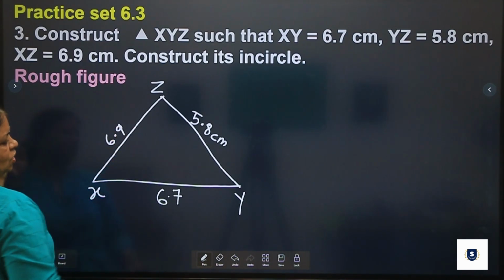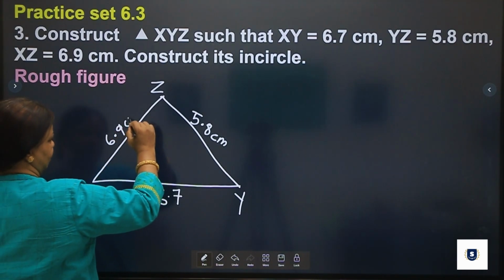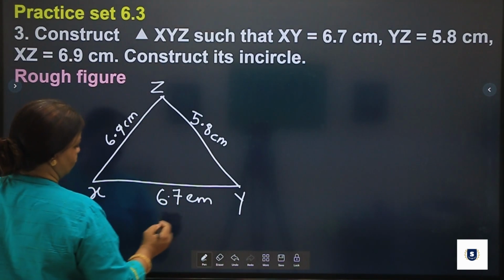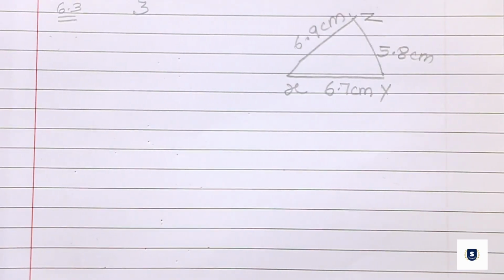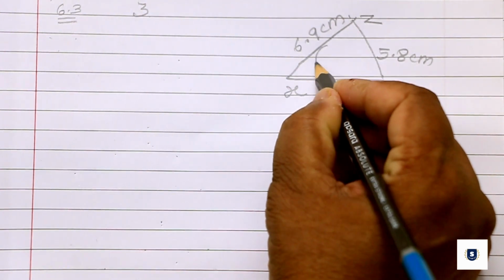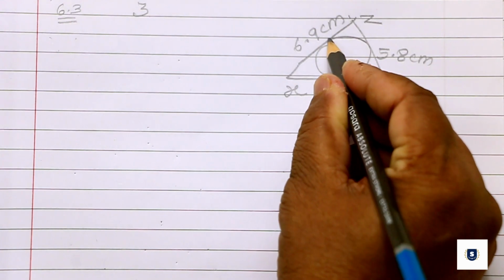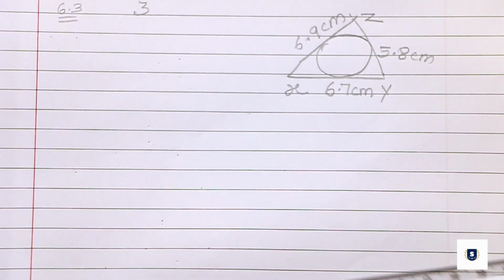It is so easy to draw this triangle. So first you will take XY. Now we will do the construction and we have to draw the incircle. We have to draw the circle which is inside the triangle.